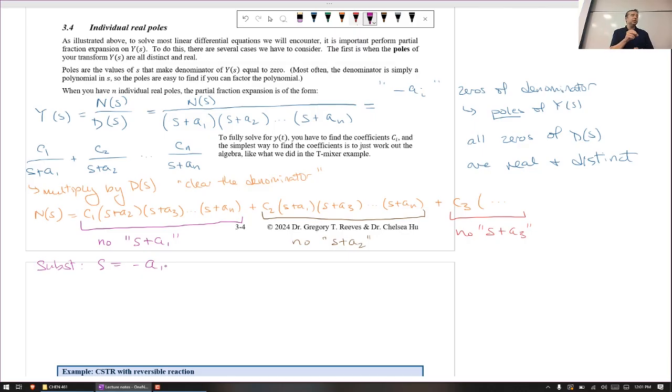So if I plug in s equals negative a1, then my equation becomes n of s equals negative a1 is equal to c1 times the quantity negative a1 plus a2 times the quantity negative a1 plus a3 times the quantity negative a1, oops, let me do a dot dot dot instead, dot dot dot times the quantity negative a1 plus an.